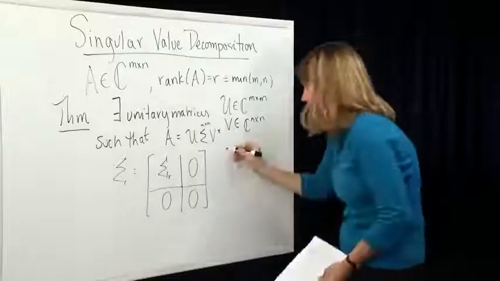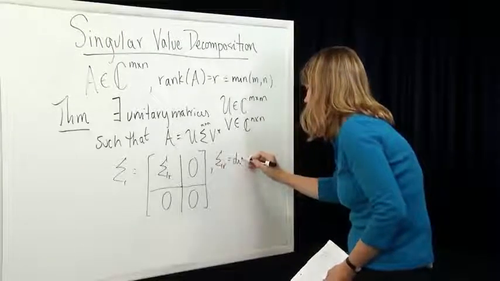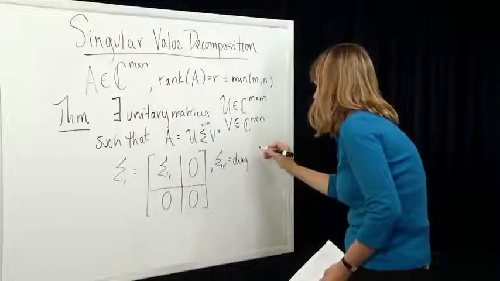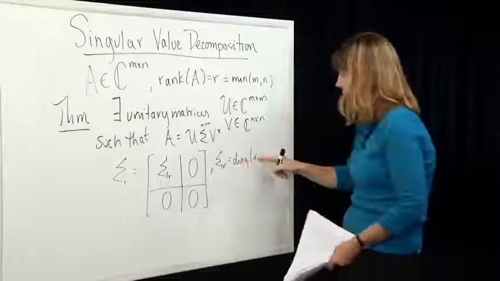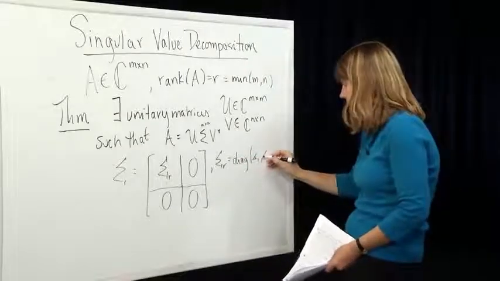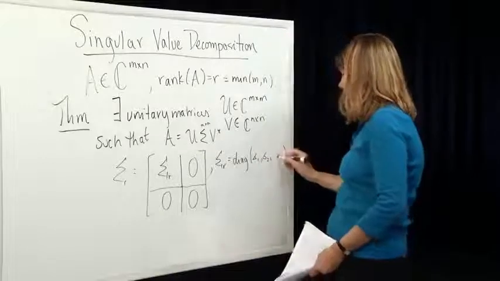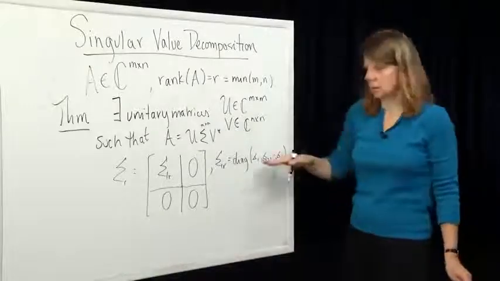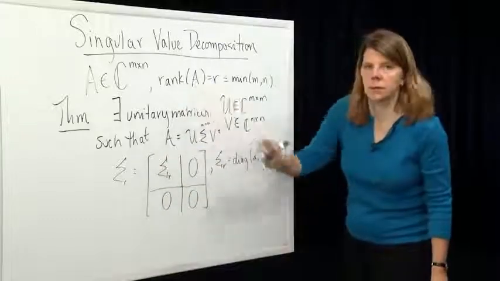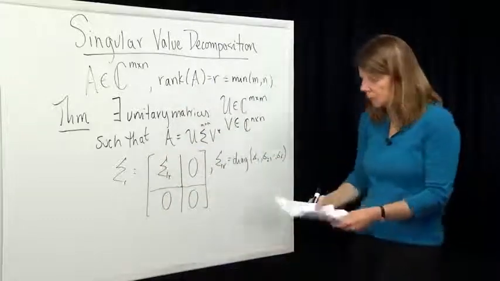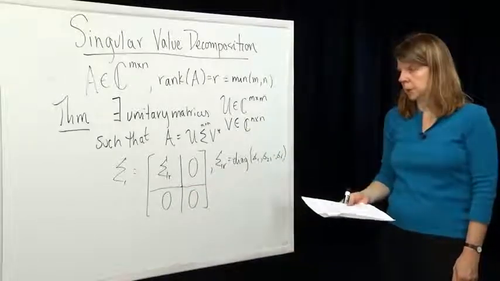And here, sigma R is a diagonal matrix. We write that as diag, a matrix whose diagonal entries are the singular values of A, sigma 1, sigma 2, up to sigma R. In fact, the diagonal entries are the non-zero singular values of A. And remember R is the rank of the matrix A. And the rest of the matrix sigma is equal to 0.